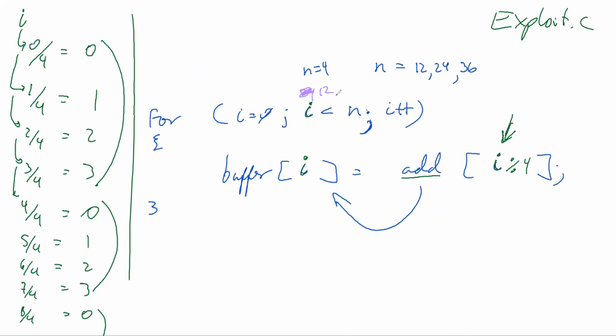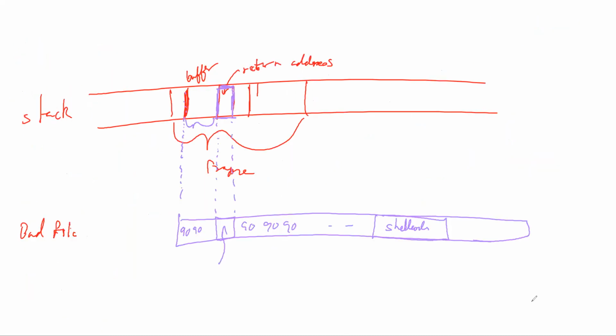I know this is wasted, so I might as well just start writing the address from here. So I put the address there, and there, and here. But I know one of these will be aligned.